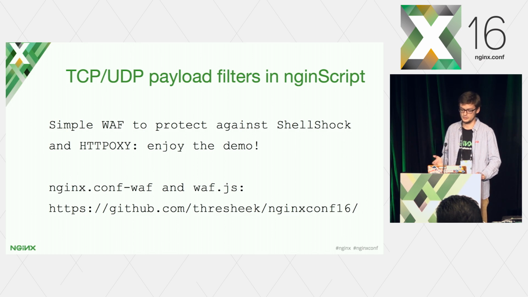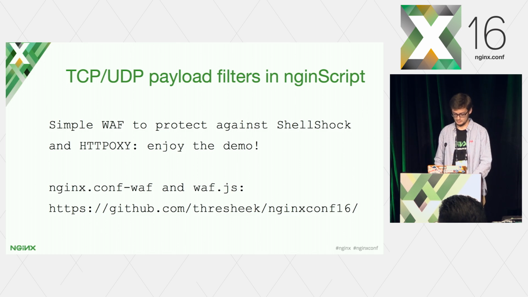So you'll be able to modify the payload in TCP or UDP mode. I'm going to show a little demo of how I would implement a simple web application firewall using nginScript. You can find the configuration and the JavaScript at the following link. It's going to be up there about 10 minutes after I finish the talk.